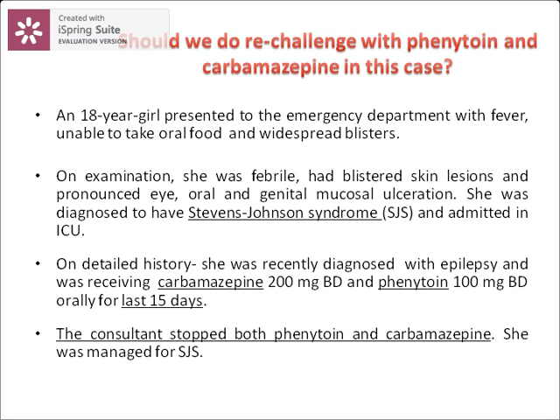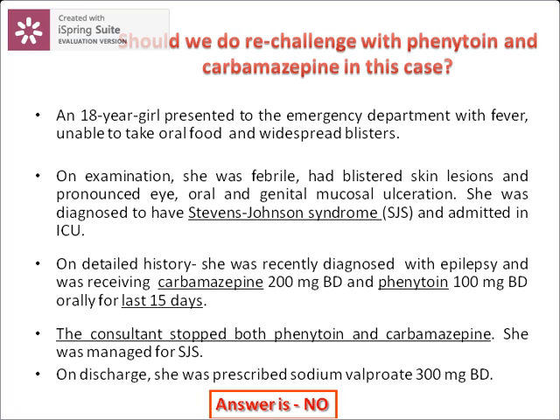It may cause life-threatening reactions, and safer anti-epileptic drugs are available, so better alternatives exist for the patient. So in this case scenario, the answer is no, and alternative anti-epileptic drugs should be prescribed, and the patient should be advised not to take phenytoin and carbamazepine in future. On discharge, the patient was prescribed sodium valproate 300 mg BD.